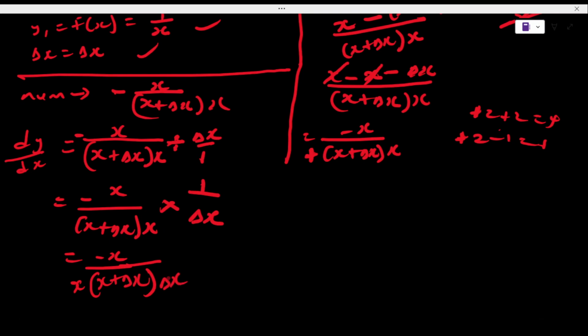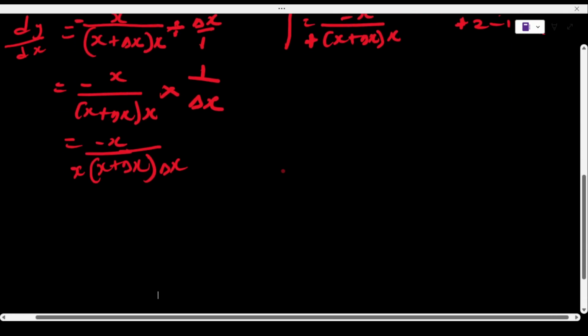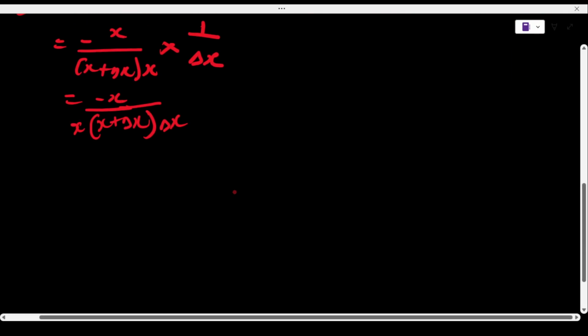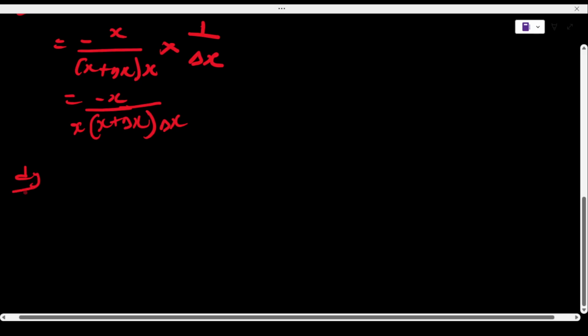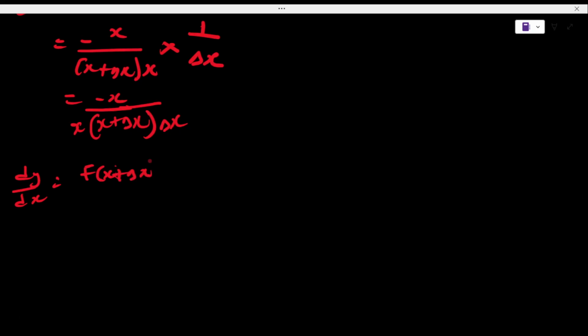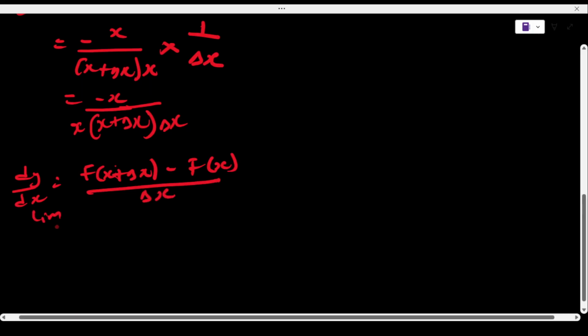But don't forget, in the formula of derivative functions that gives us dy over dx, dy dx is given as f of x plus change in x minus f of x divided by change in x, when the limit of change in x is approaching 0.